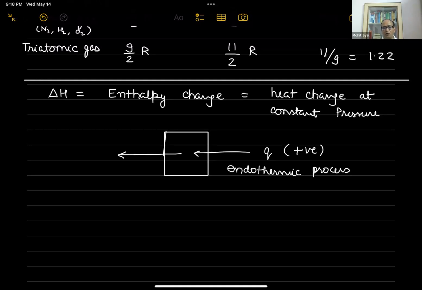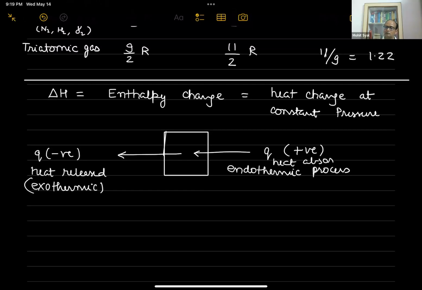And if the heat is given out of the system, heat released is negative. Got it?